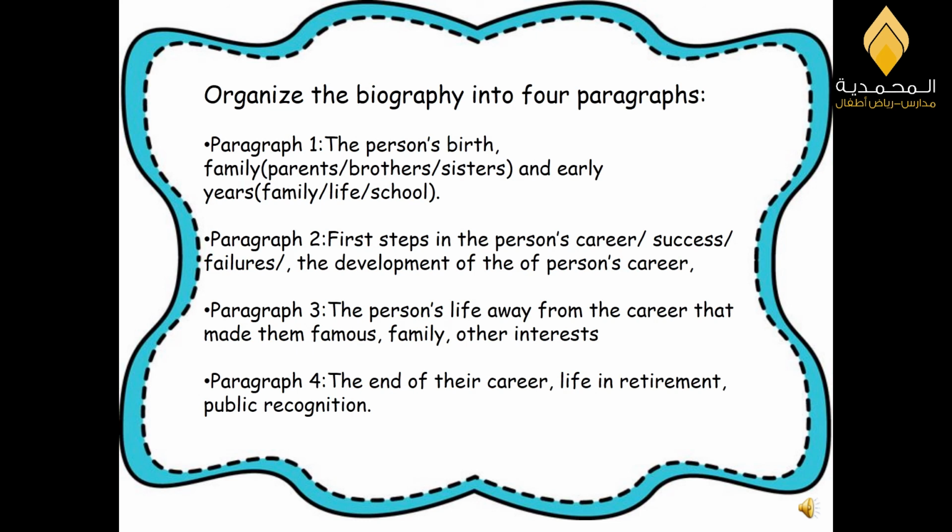And on the third paragraph, you have to write the person's life away from the career that made them famous, family, other interests. On the last paragraph, you have to write the end of their career, life in retirement, or public recognition.